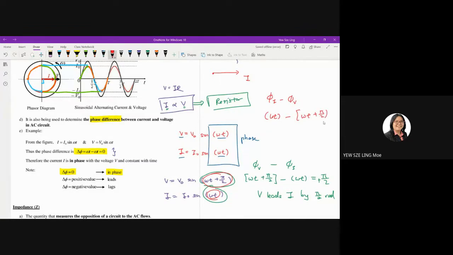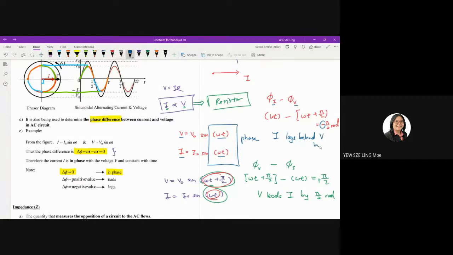Of course, this gives you negative pi over 2 radian. So if you have a negative sign right here, what does it mean? It simply means that your I, because you use I minus V, so you need to mention I first, with a negative sign means it lags behind.